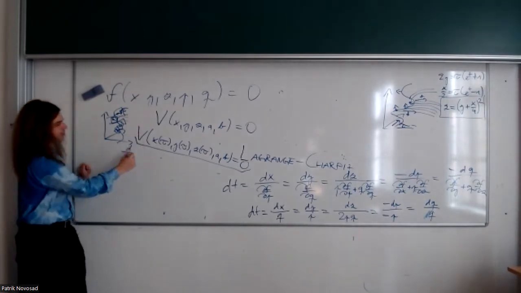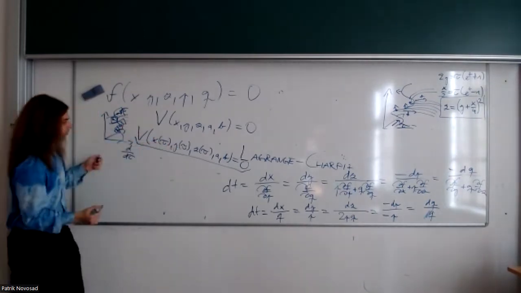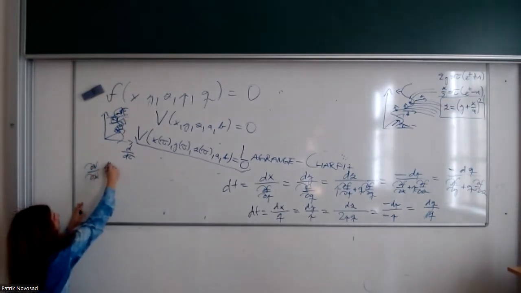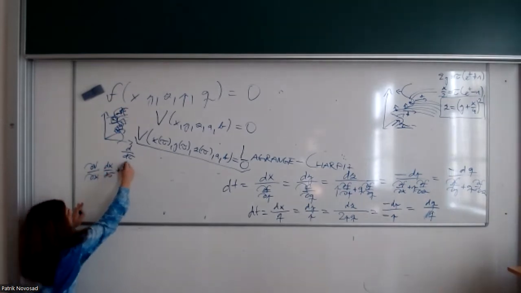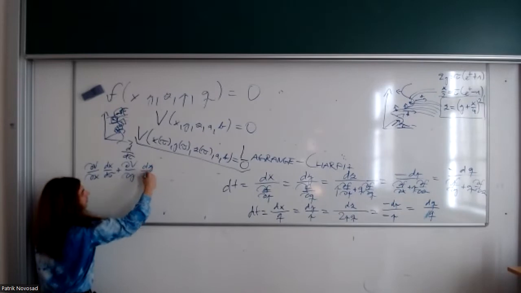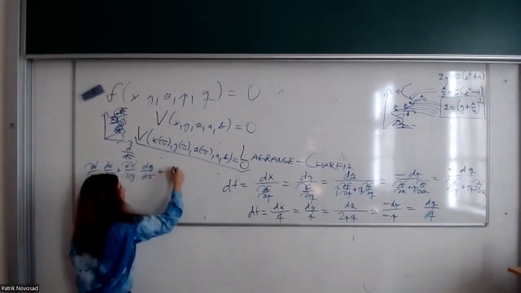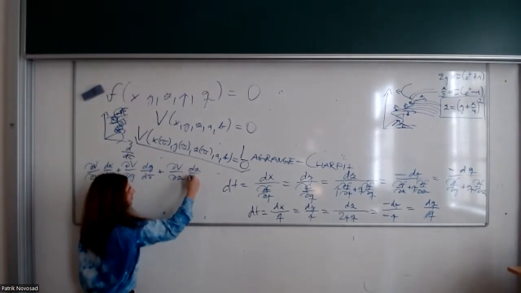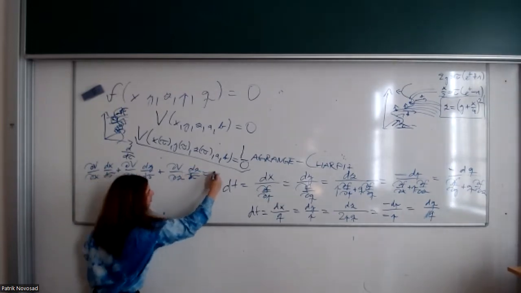So by differentiating this expression with respect to tau, we just get something like dv/dx times dx/dtau plus dv/dy times dy/dtau plus dv/dz times dz/dtau equals 0.